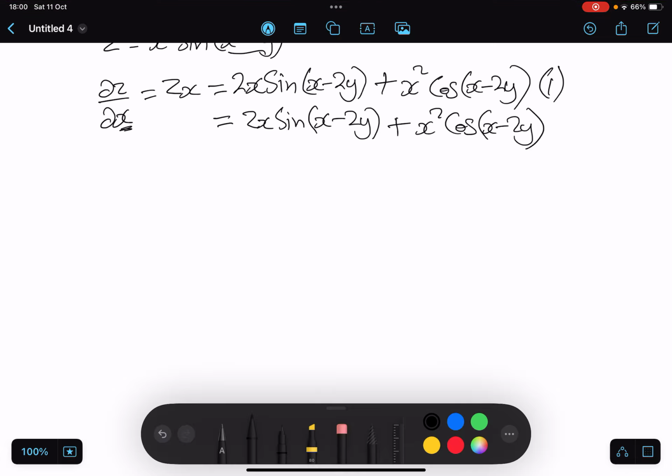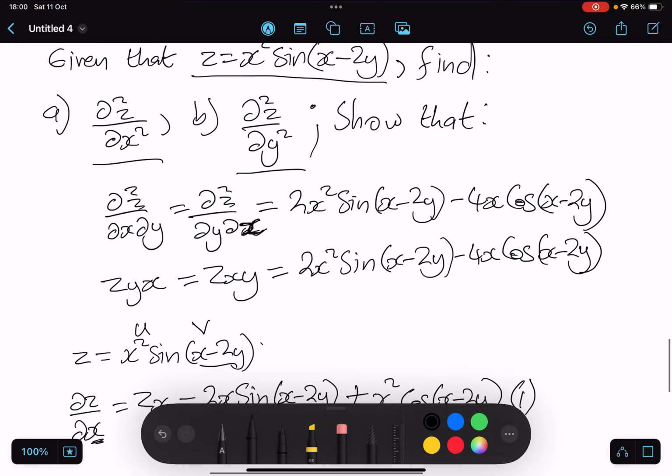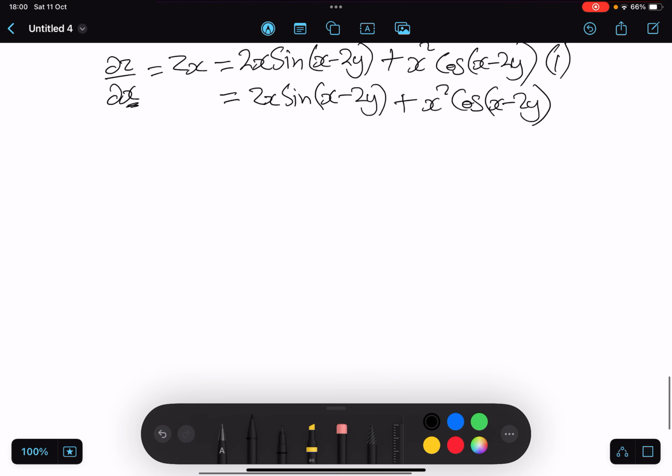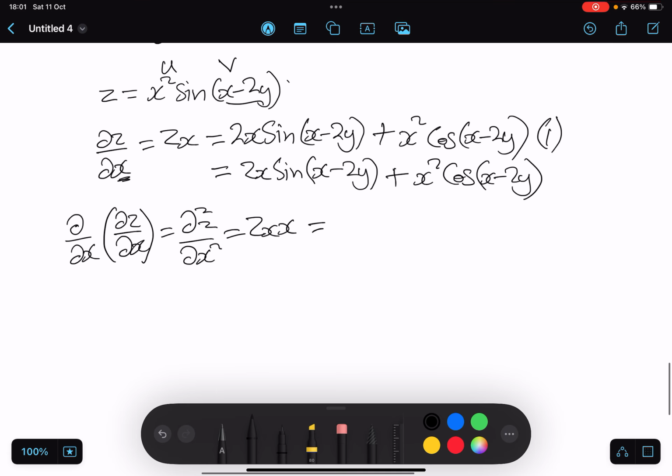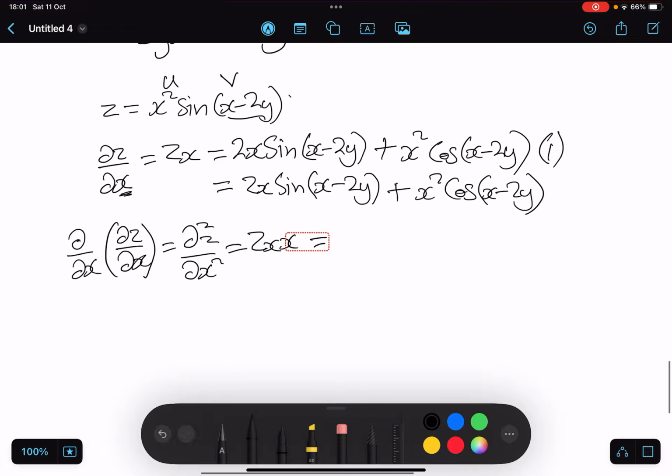Now we have to differentiate this with respect to x again so that we can find zxx, and also find what we are looking for, which is this. So now this is going to be d dx of dz dx, which is equal to d squared z over dx squared, which is equal to zxx. We want to differentiate this again with respect to x.